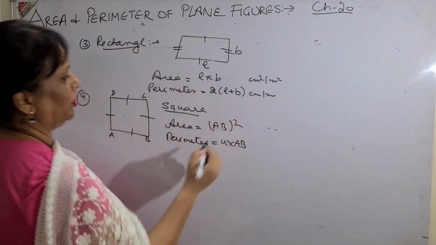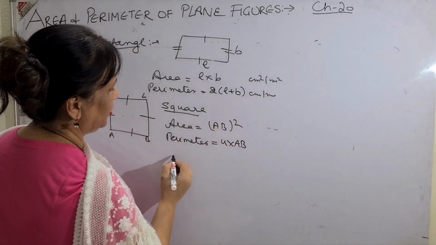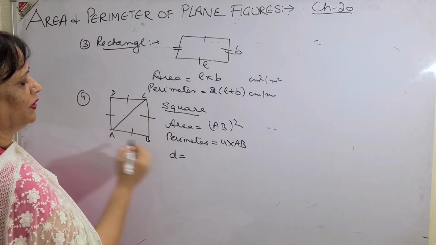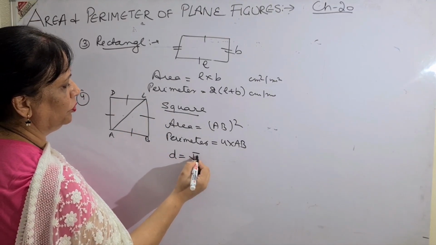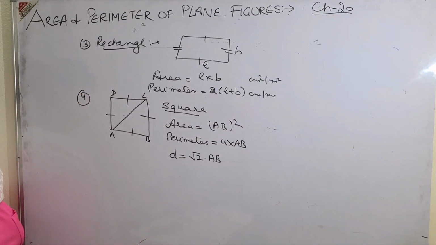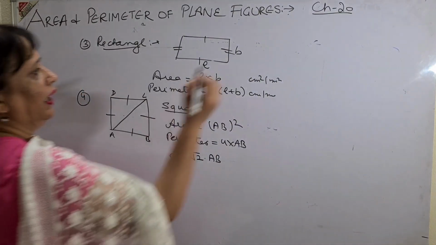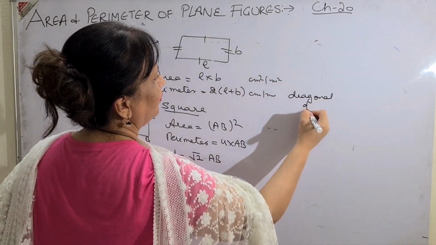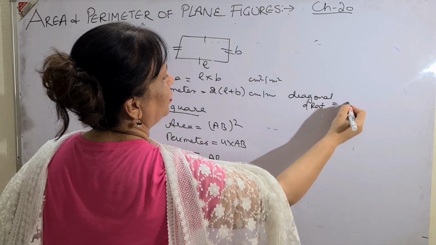Now talking about diagonals also, the diagonal of the square is equal to root 2 into AB. Please remember, diagonal of the square is equal to root 2 into AB, and diagonal of the rectangle: D square.